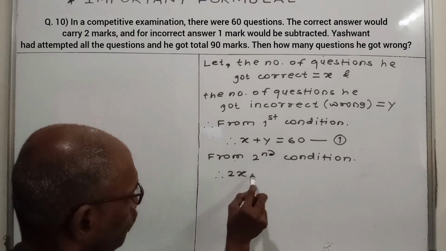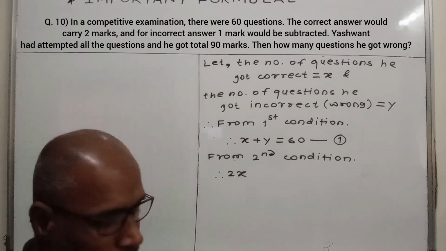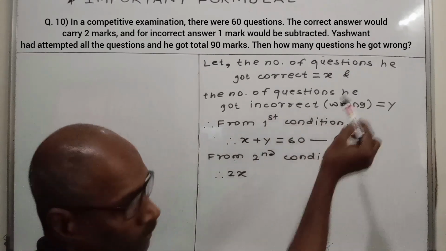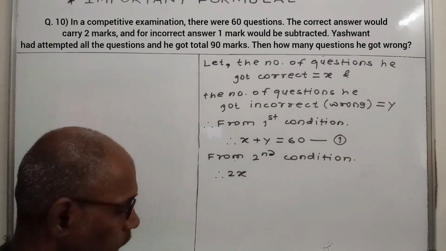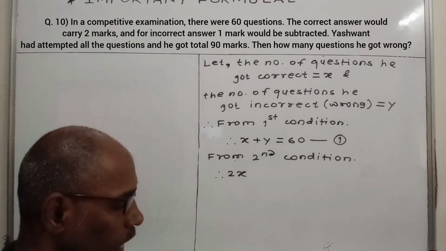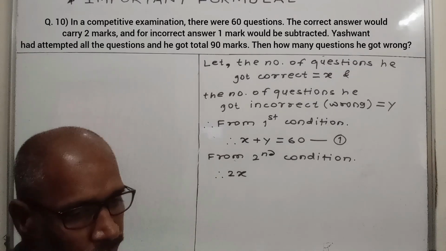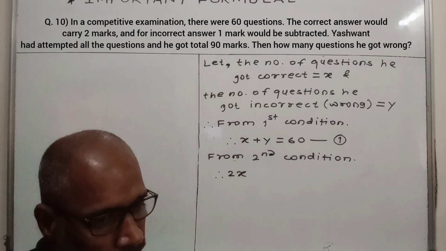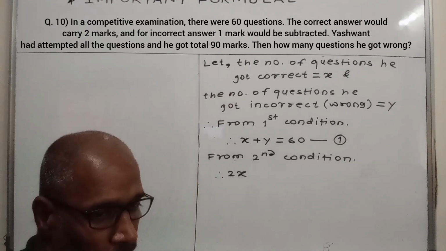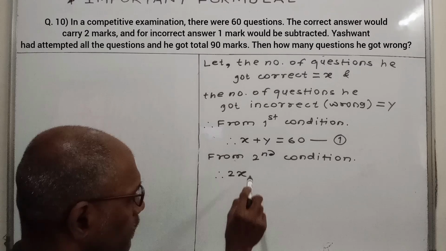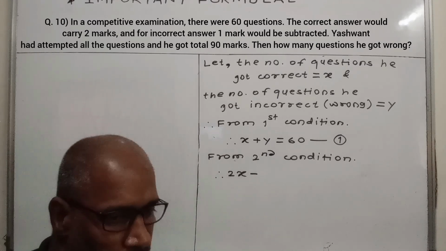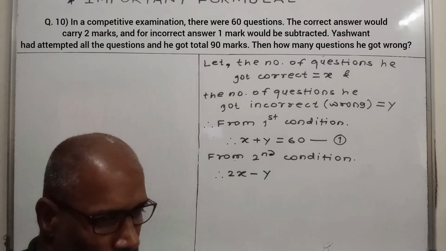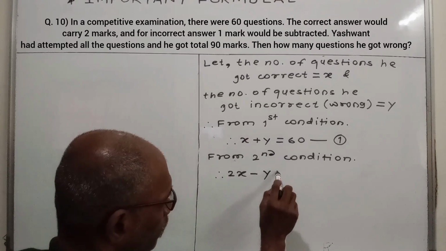Therefore, 2 into x means 2x. And for incorrect or wrong answer, 1 mark would be subtracted. How many wrong or incorrect? y. 1 mark, 1 into y. Subtracted means minus 1y. Write only y, or write 1y. No problem.